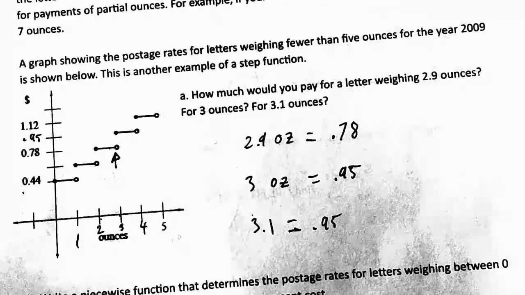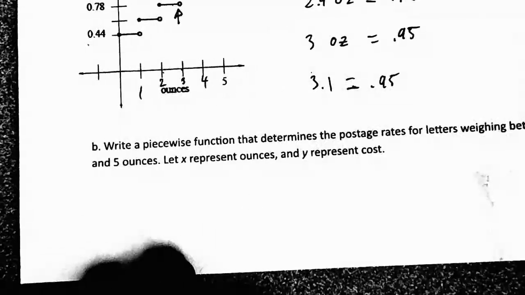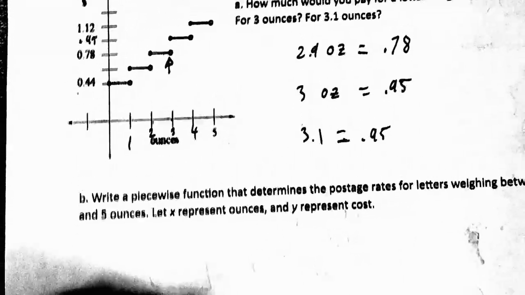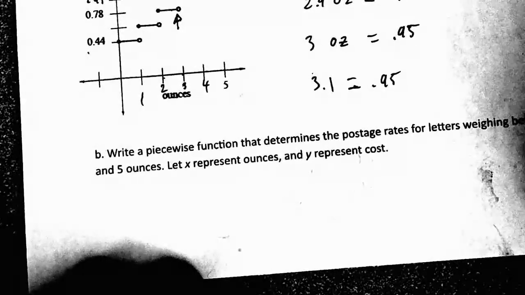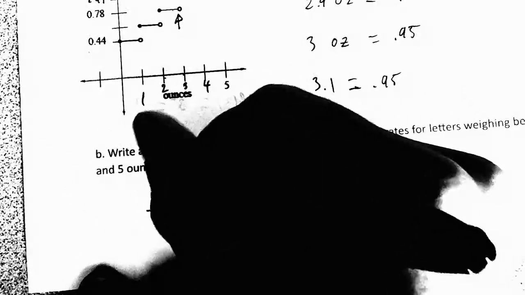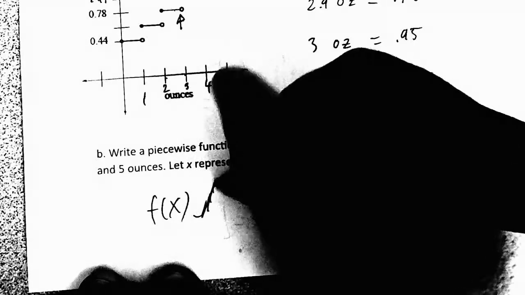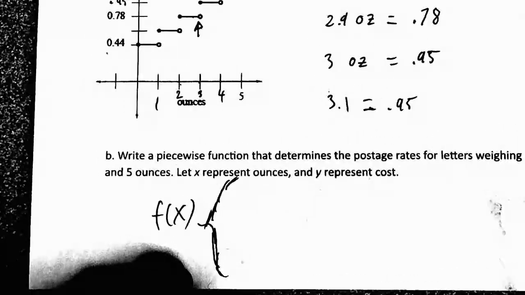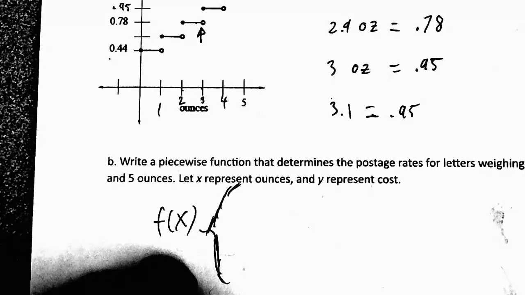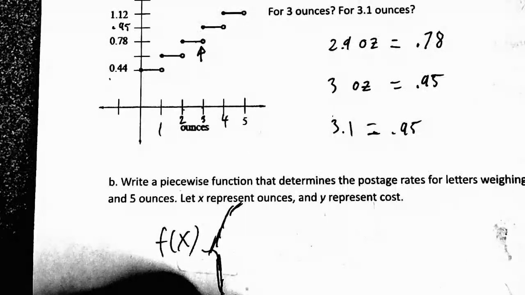Okay. Last part is to write a function that represents the rates. So I'm going to write out f of x. That's my function. And then I'm going to draw out my brackets like this. And then I'm going to write down my different values. So I have 1, 2, 3, 4, 5 different levels.